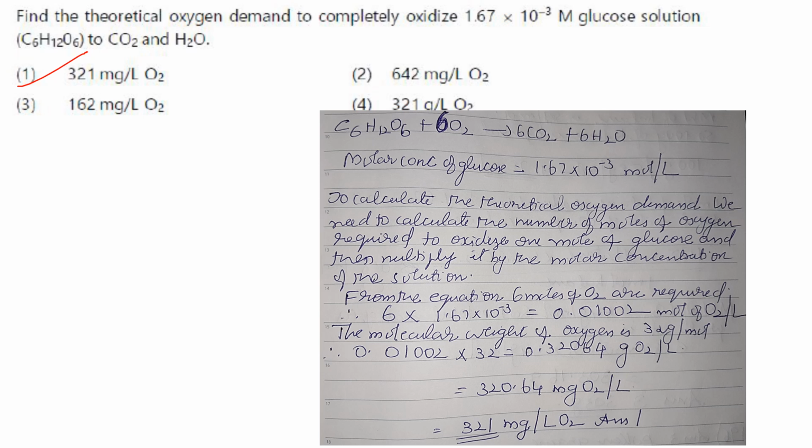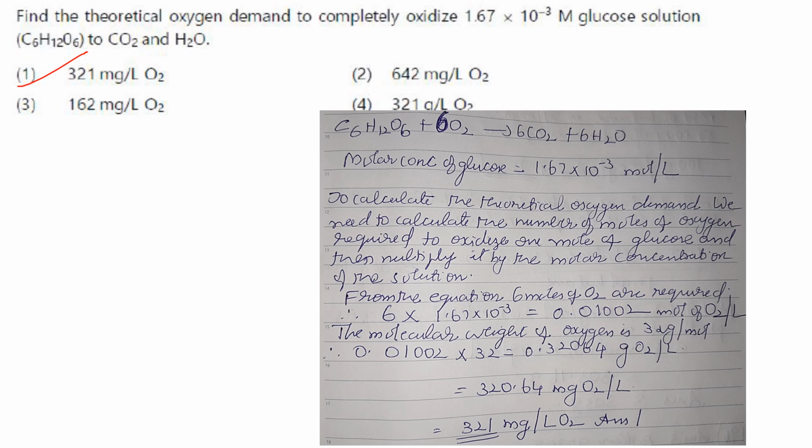Next one. Find the theoretical oxygen demand to completely oxidize 1.67 × 10^-3 molar glucose solution, C6H12O6, to carbon dioxide and water. So theoretical oxygen demand is the amount of oxygen required to completely oxidize a substance to carbon dioxide and water. That is theoretical oxygen demand.